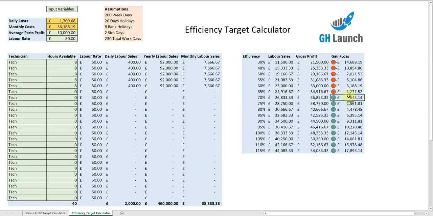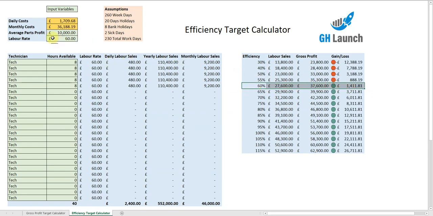So I'm just going to start playing with the model now and adjusting labour rates and perhaps adding an extra technician. So if I increase the labour rate to 55, you can see it brings it back down to 65%. And again, if I put the labour rate up to 60, you can see it brings it down to 60% efficiency is required.